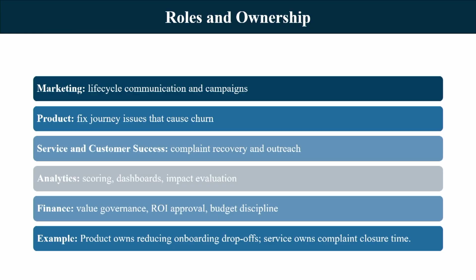Then service and customer success. As we have understood, in multiple examples we have seen that customers churn because there are issues associated with service resolution. That is why we talked about a concept called service recovery. If service recovery cannot be improved, you cannot expect customers who have lodged some grievances with your company to stay with you for a longer period of time.